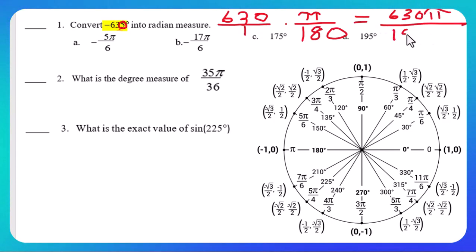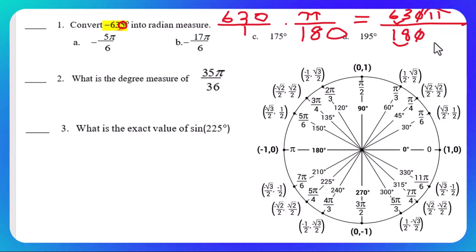I'm going to start by dividing the top and bottom by 10. So I'm just going to mark through that 0. I'm going to cancel out 10. So I have 63 over 18. Now 6 plus 3 is 9, and 8 plus 1 is 9. 9 goes into 63, and 9 goes into 18.